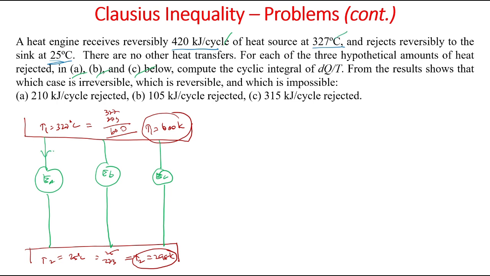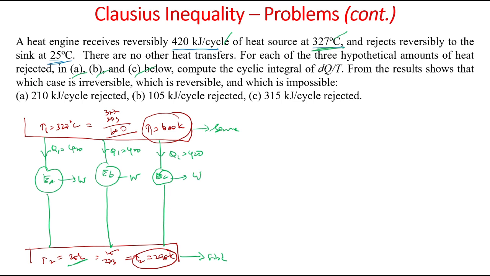Here Q1 is equal to 420. This is called the source, the source which is at 327 degrees Celsius. This one is called the sink. So the sink is at 25 degrees Celsius. So all are capable of doing work.